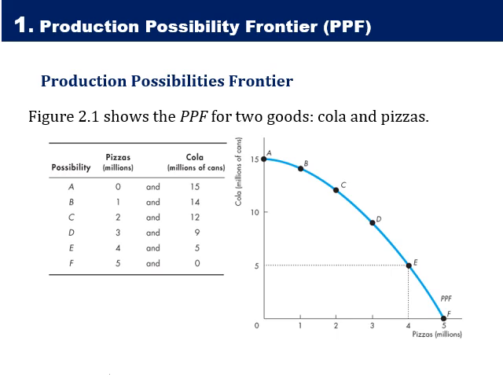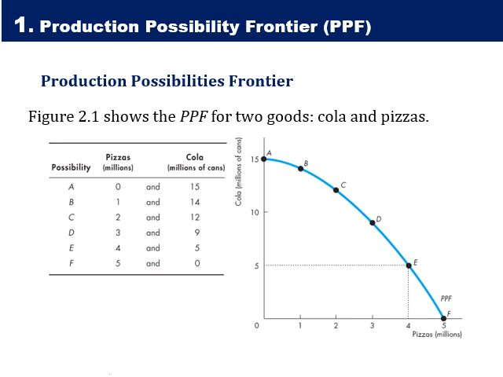Now, how can we read the information displayed in the PPF figure? This graph tells us that we can use the available resources to produce at any point on the curve, where each point is a combination of both commodities.